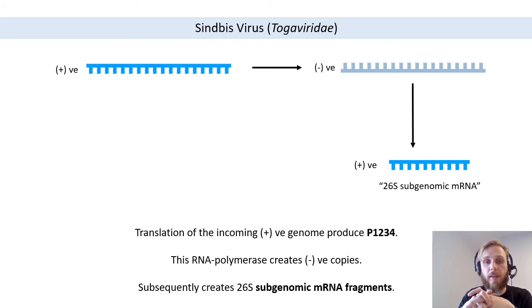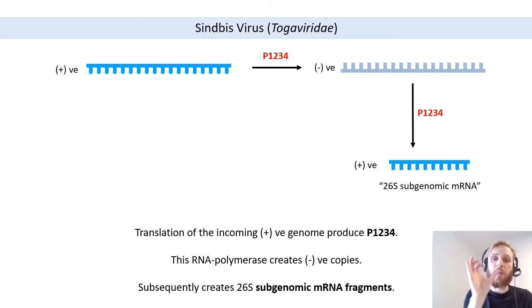So the positive sense single-stranded RNA genome of this virus is translated as soon as it comes into the cell, and it's translated into this protein. So P1234 is something that's produced. This P1234 is, as we said, the RNA-dependent RNA polymerase that facilitates the production of RNA copies of the viral genome.